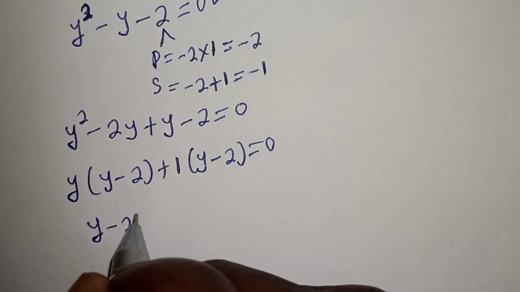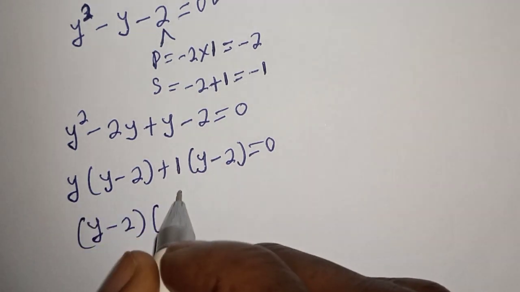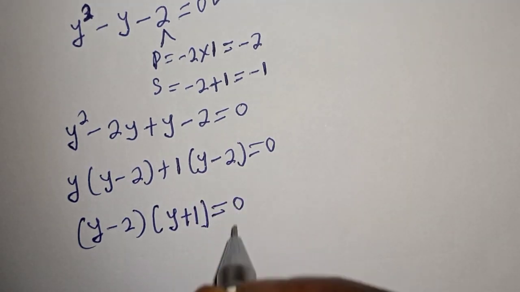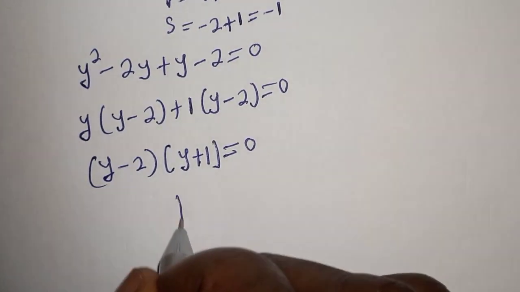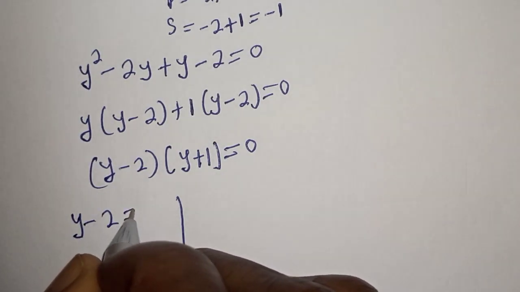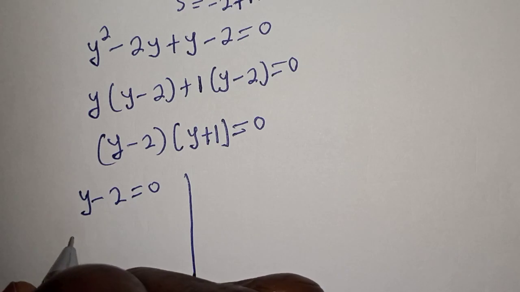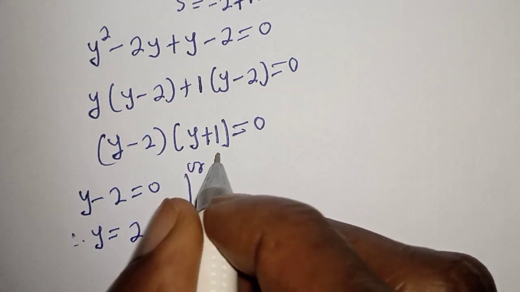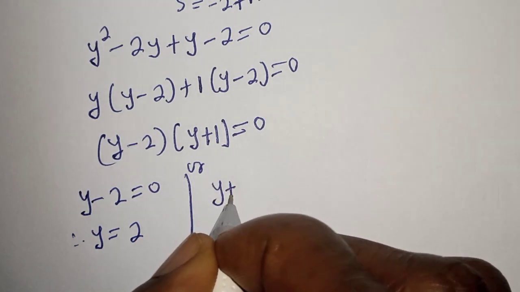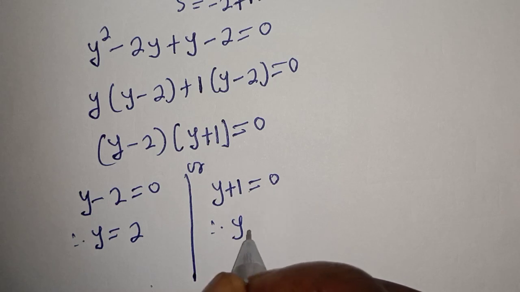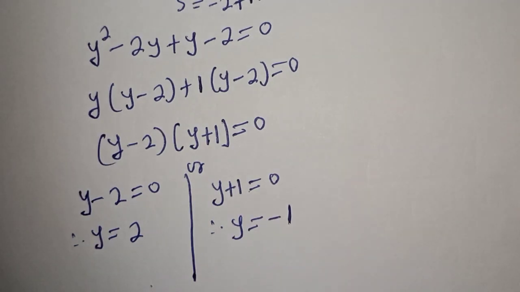Y minus 2 bracket y plus 1 is equal to 0. There are two cases here. The first case is y minus 2 is equal to 0. Therefore, y is equal to 2. Or the second case, y plus 1 is equal to 0. Therefore, y is equal to minus 1.